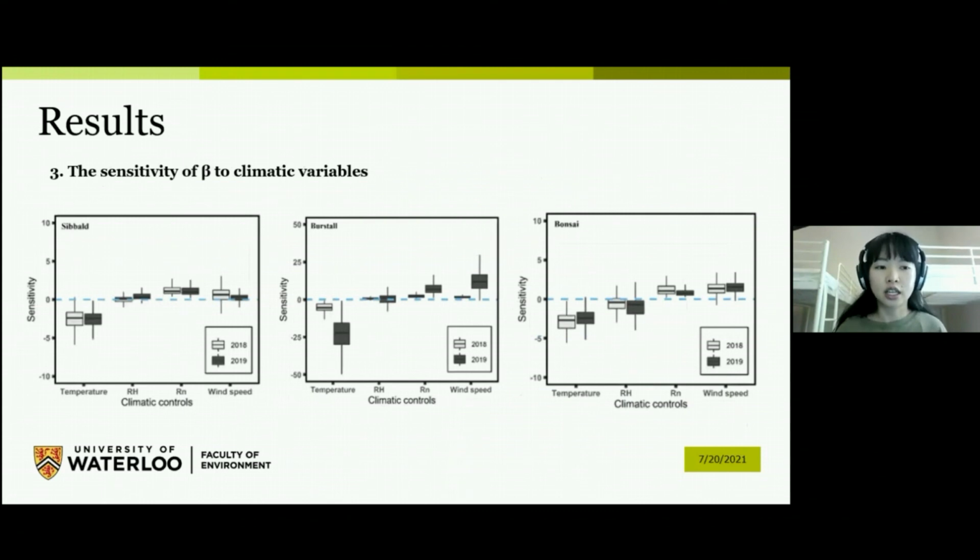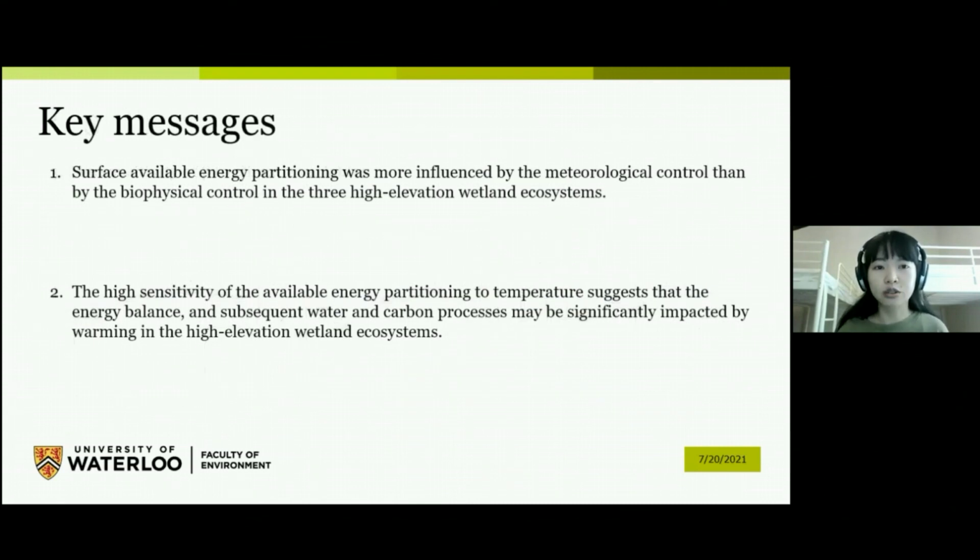Increasing temperature tends to decrease the Bowen ratio, while increasing the net radiation tends to increase the Bowen ratio. So our preliminary results show that the surface available energy partitioning is more influenced by the meteorological control in our 3 high elevation wetland ecosystems.